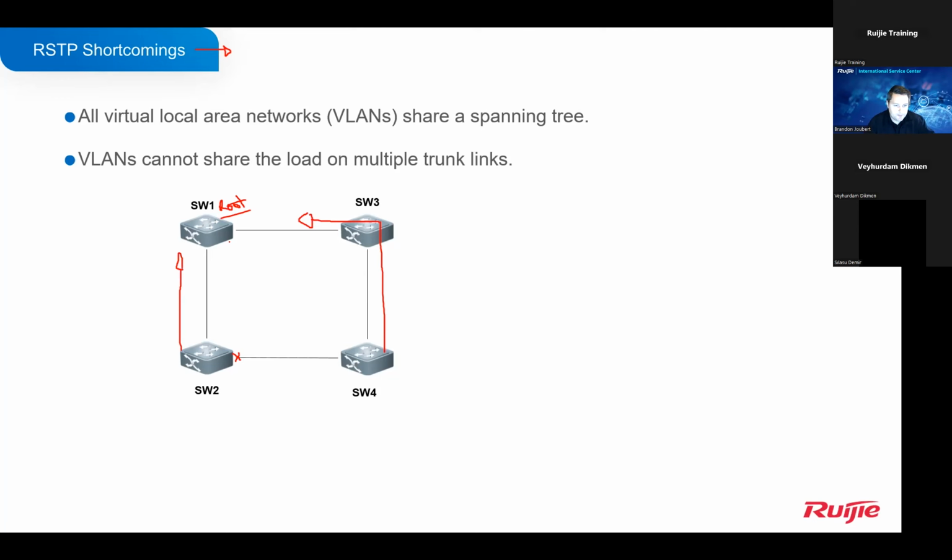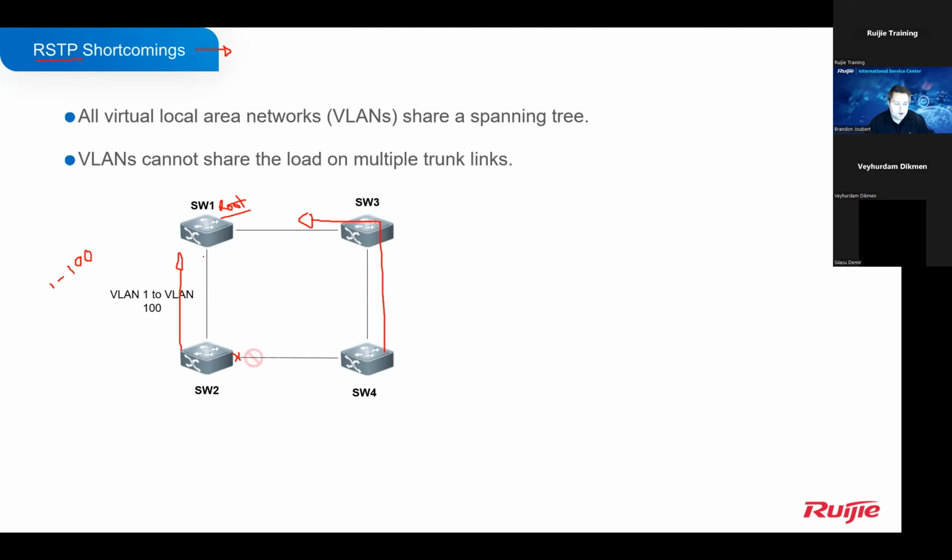The shortcoming that STP has is that once it's run, this is your network topology for the entire network. It doesn't matter if it's for VLAN 1 to VLAN 100. This is your topology. You cannot change it.